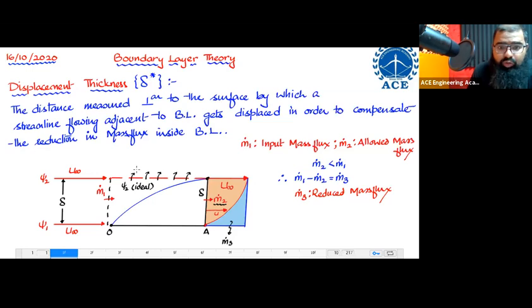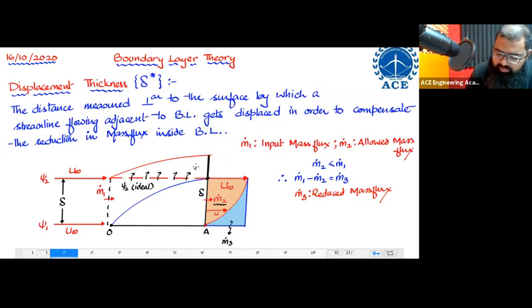When it pushes psi 2 ideal upward, then psi 2 is going to take a particular path. Let us say psi 2 over here is going to move something like this. This psi 2 is getting displaced by a certain distance. Please observe over here. How much distance does psi 2 get displaced by?